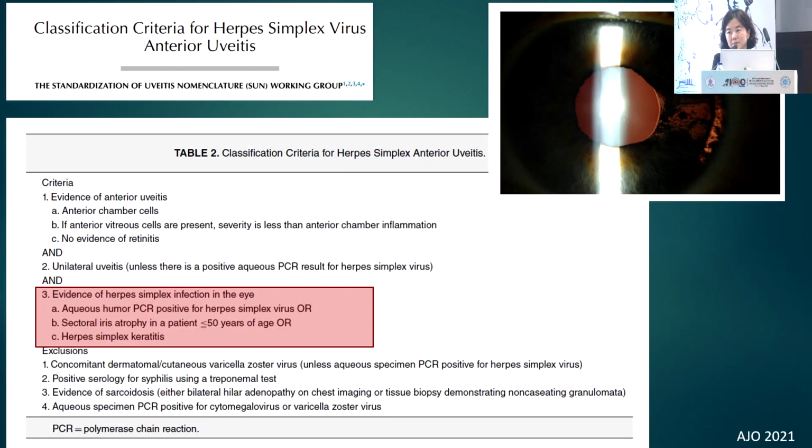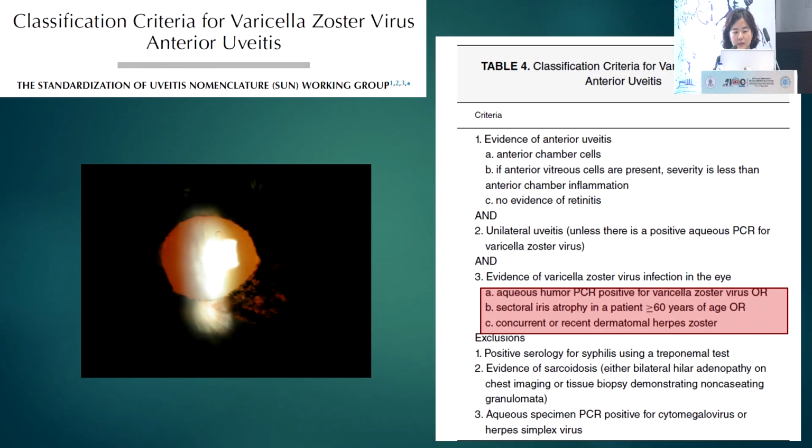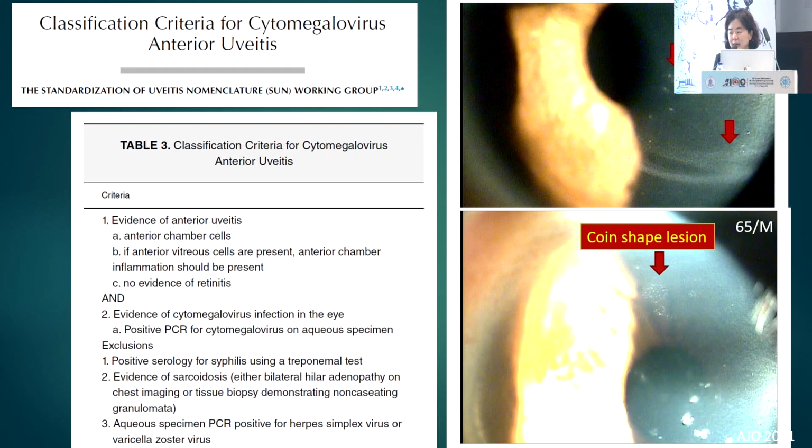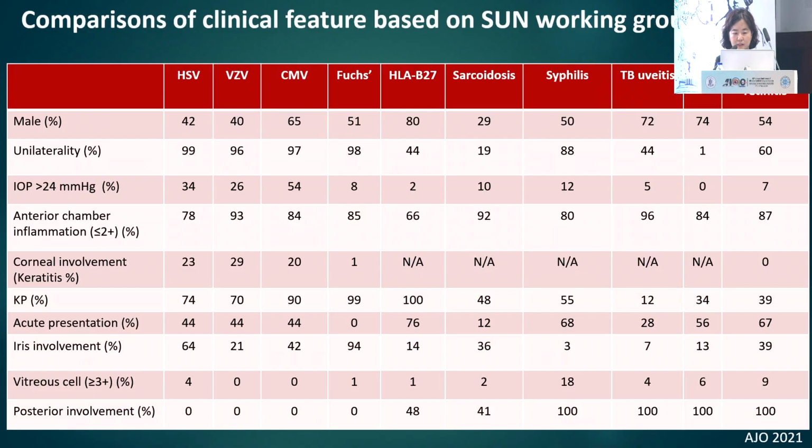A working group has summarized the key findings of viral anterior uveitis. This is HSV1 uveitis, varicella zoster, and finally cytomegalovirus. Although they did not specify any representative clinical finding, it is known that the coin-shaped lesion, as you can see here, is the key finding of CMV anterior uveitis.